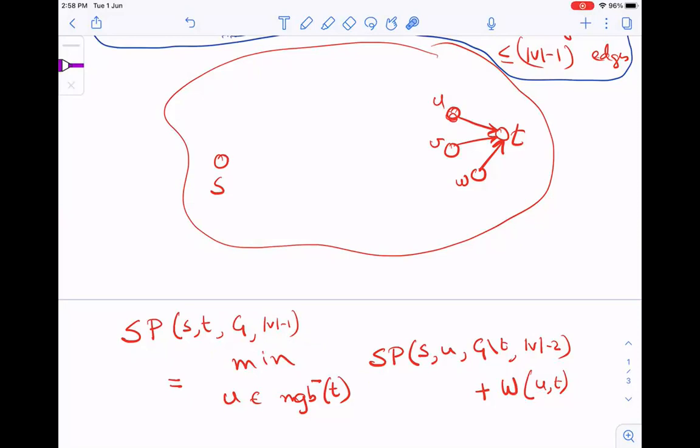Now, what is the time complexity of this algorithm? Let me ask you guys. The order of n square, right? Why is it order of n square?